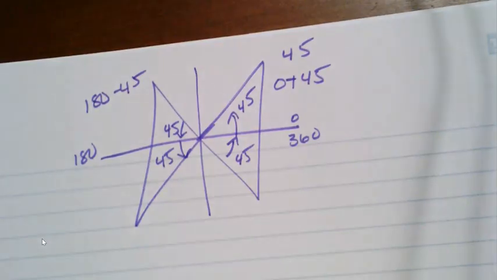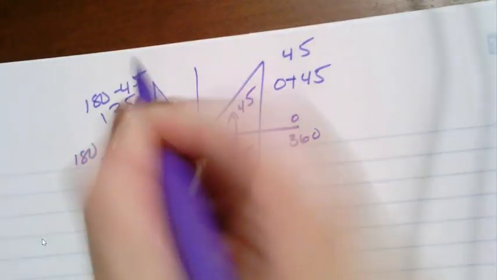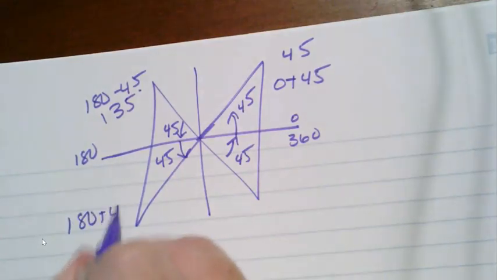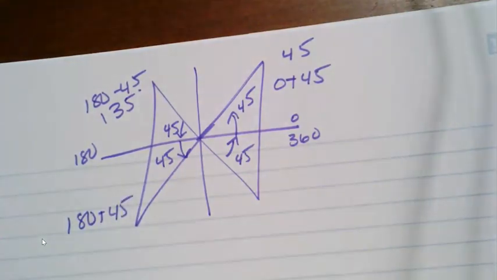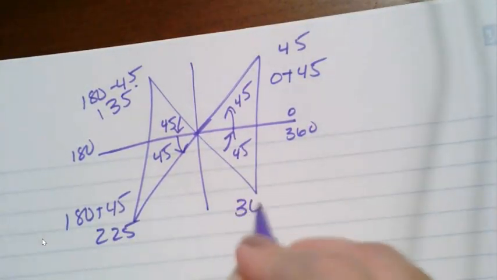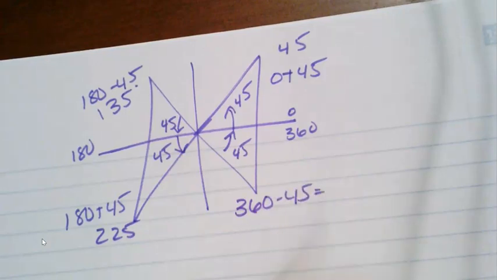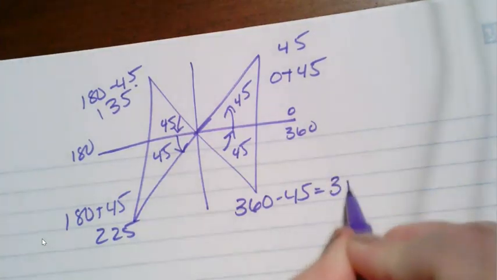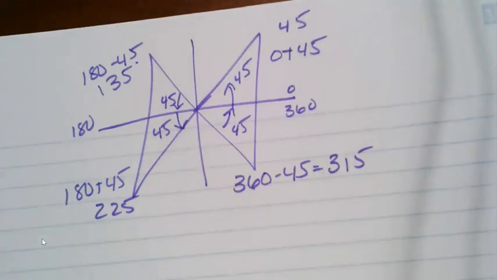Whoops, 180 minus 45. Yep, 135. 180 plus 45 is 225. And 360 minus 45, 350. Okay. I like those. Okay. Now we'll go back on track.